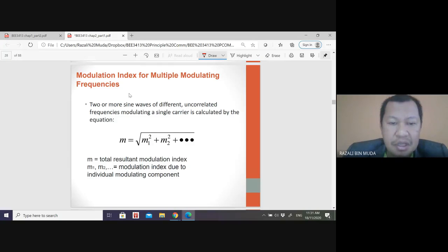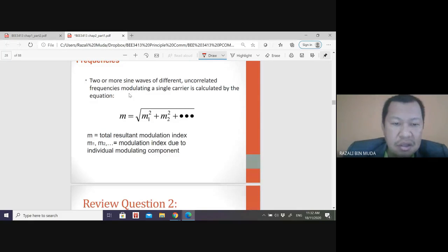Two or more sine waves of different uncorrelated frequencies modulating a single carrier is calculated using this equation. M is the total resultant modulation index, where you have modulation index 1, modulation index 2, modulation index 3. If you have more than one modulating signal, you can represent the modulation index as the resultant modulation index. Okay, so how?